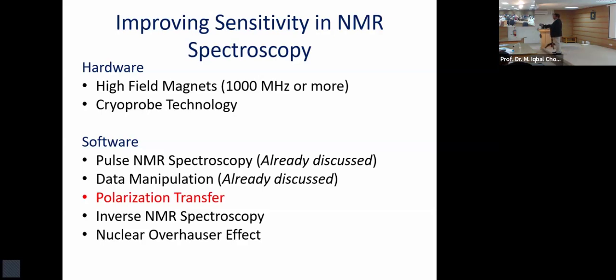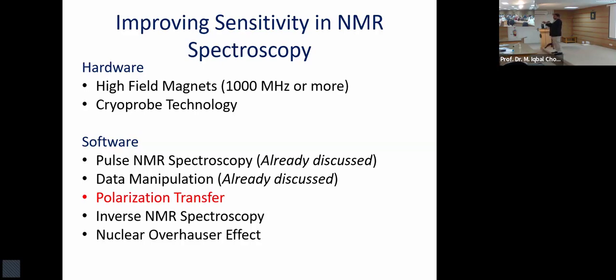So, how would you transfer the population or polarization from more sensitive nuclei to less sensitive nuclei? There was polarization transfer. A lot of people have worked on it. And that was all this DEPT, INEPT, SINEPT, all these experiments: distortionless enhancement by polarization transfer, INEPT like insensitive nuclei enhancement by polarization transfer, SEPT, selective enhancement of insensitive nuclei by polarization transfer.